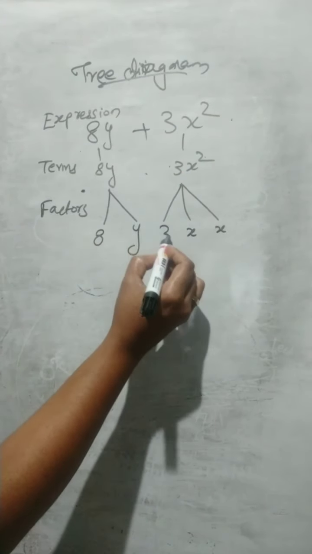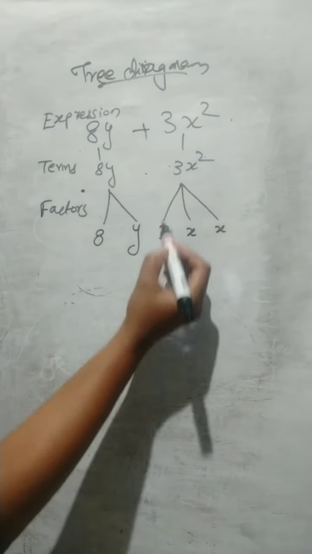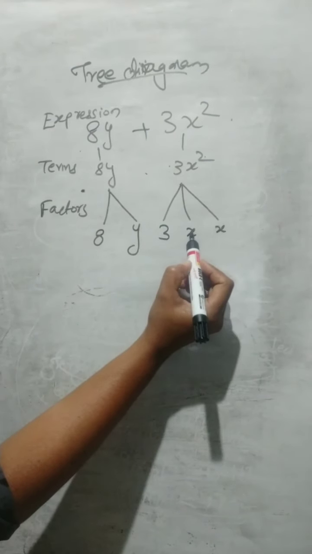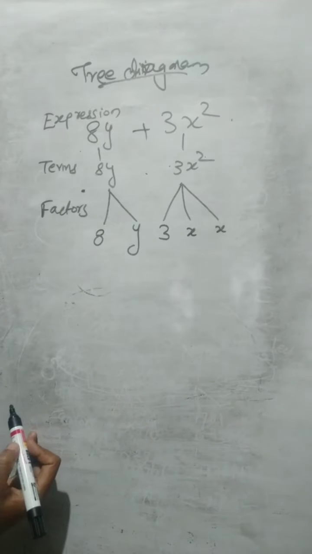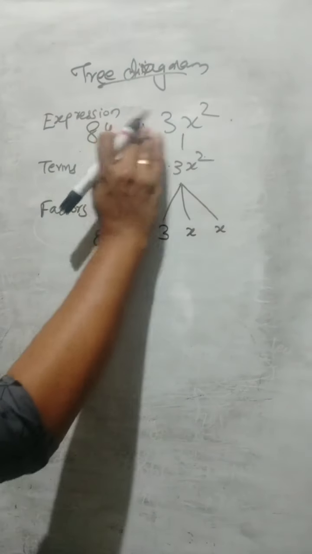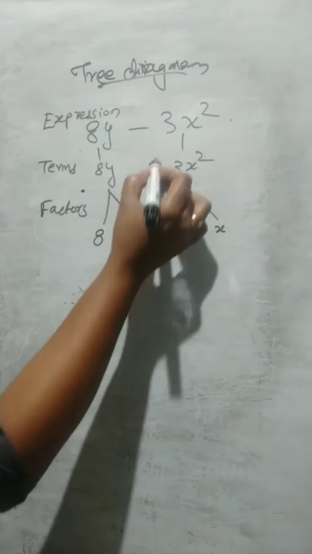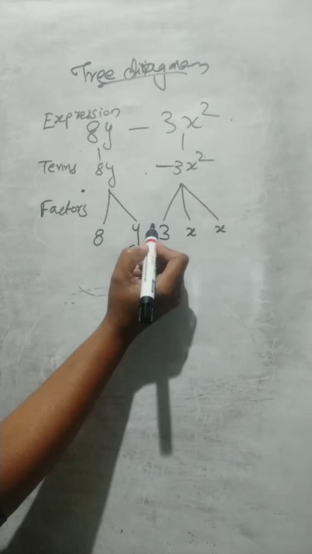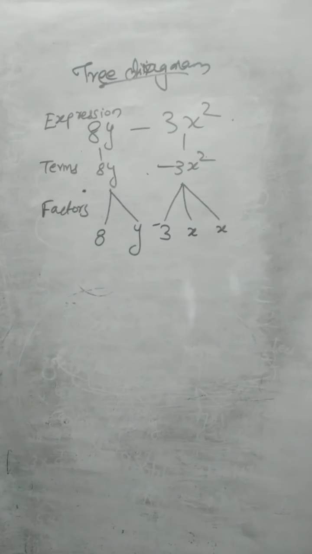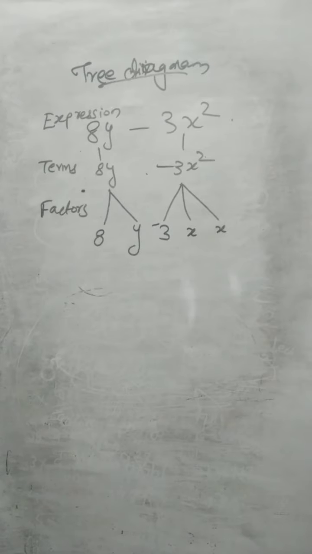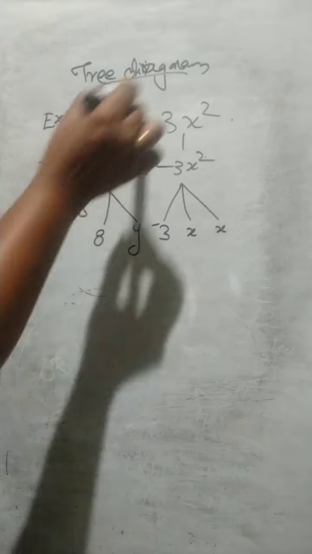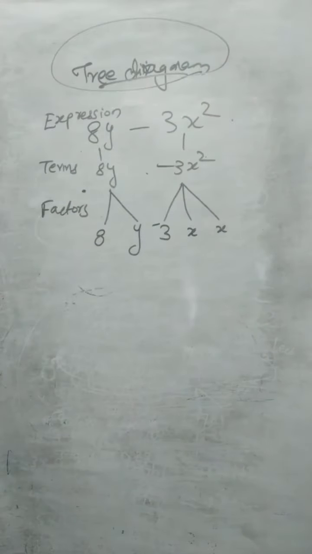And 3 will be there. That is 3 times x times x. In the case of minus 3x square, here the 3 will be negative. Negative 3, x, x. This is the way of doing this tree diagram.